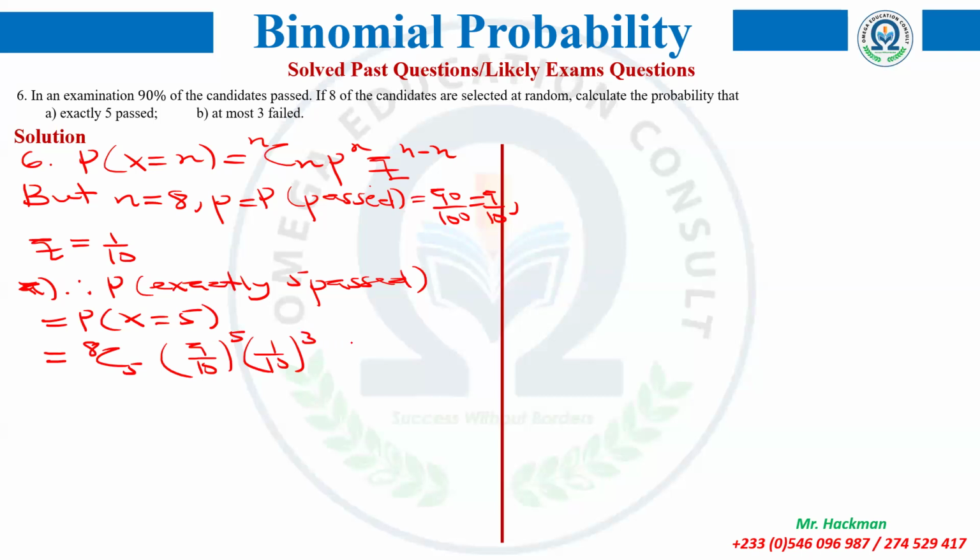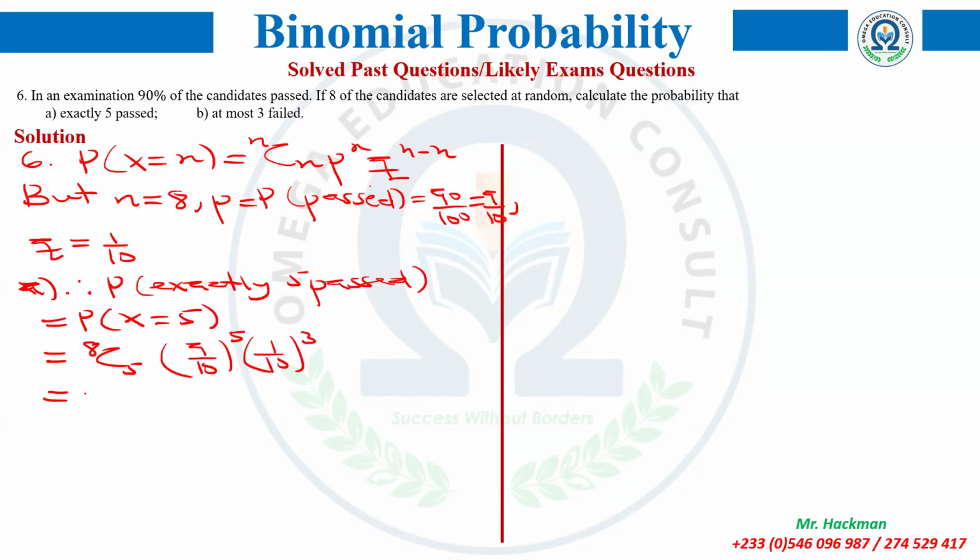All correct? Okay, on that note, 8 combination 5 should give us 56.